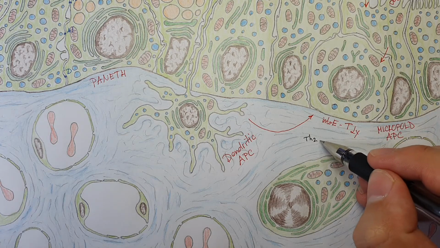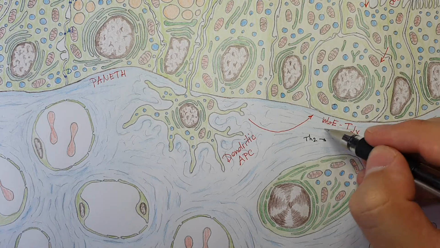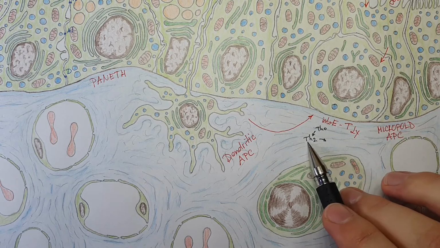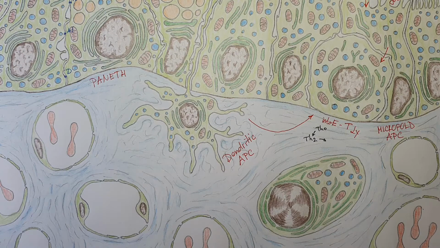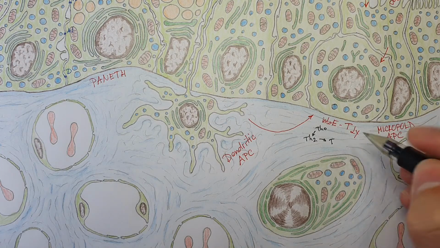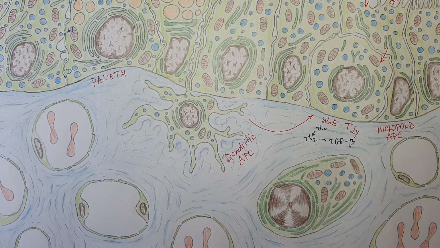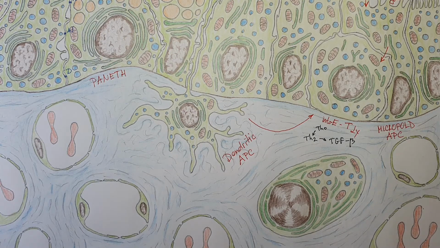special molecules, cytokines. So the naive T helper cell produces this T helper cell 2, and then it produces transforming growth factor beta. Transforming growth factor beta can make B cells switch from IgM production to IgA production.